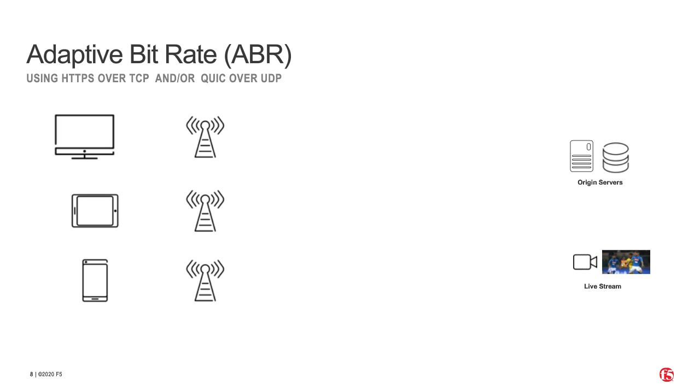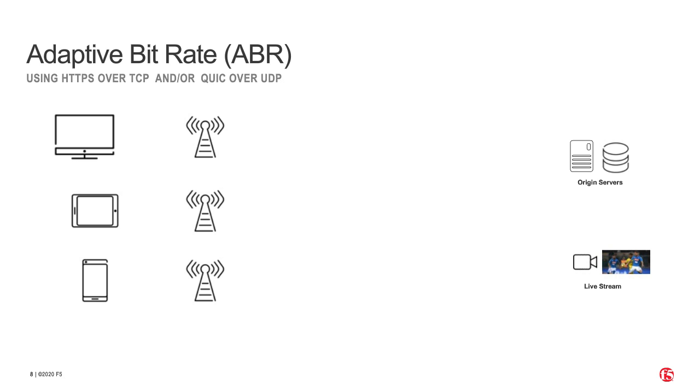The video today is delivered using two transport protocols. HTTPS over TCP is, I would say, the most used one, or it was the most used one until some months ago. As you see, it's HTTPS, so it's encrypted. Or recently, Google came up with a new protocol called QUIC.